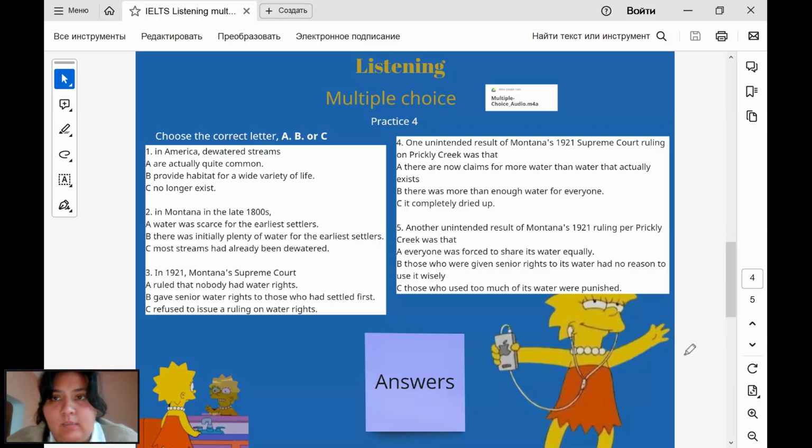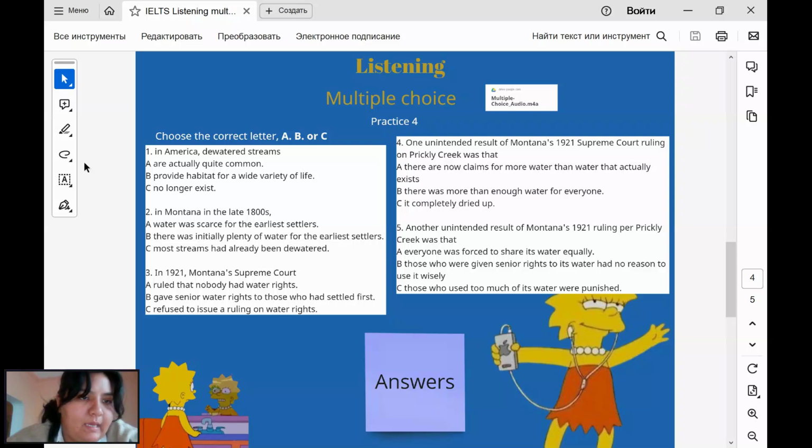Insufficient for the demand. It means that the demand is higher than the resource itself. So, in Montana in the late 1880s, the water was scarce for the earliest settlers. But B, there was initially plenty of water and most streams had already been dewatered.